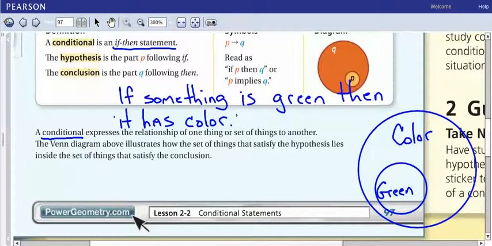So a conditional statement is a statement with the words if and then in it. The hypothesis is whatever is following the if. The conclusion is what follows the then. Okay? And that's pretty much what we're doing today. Okay? I want you to look at page 99.